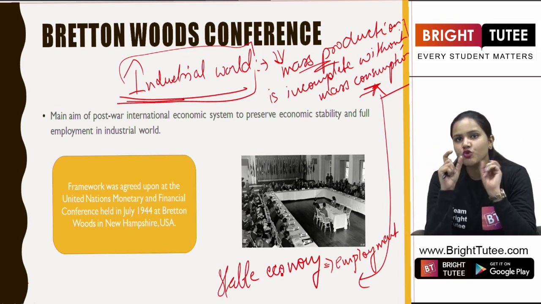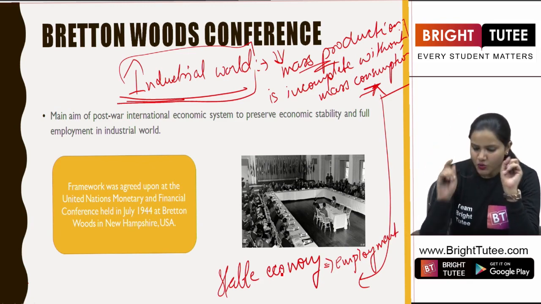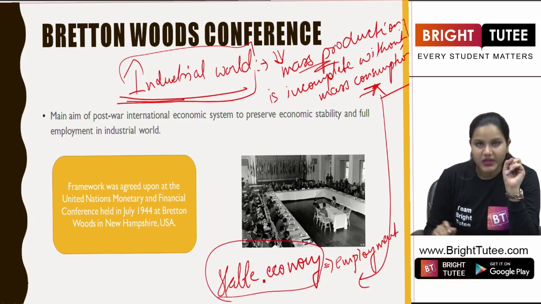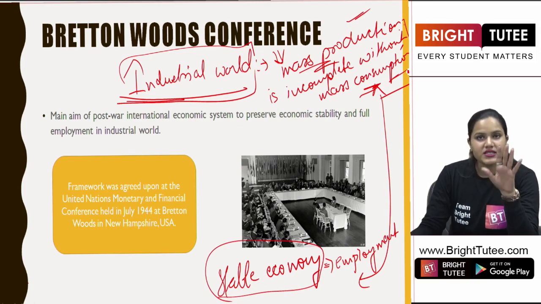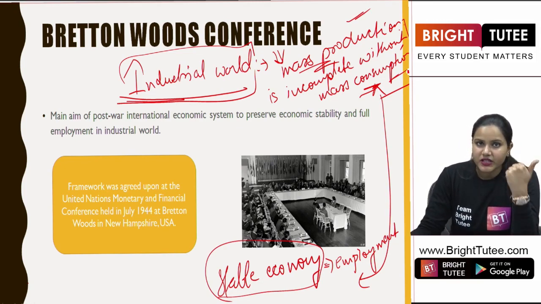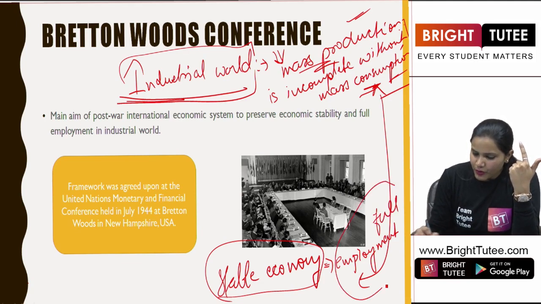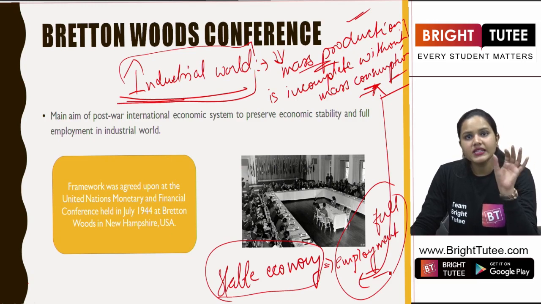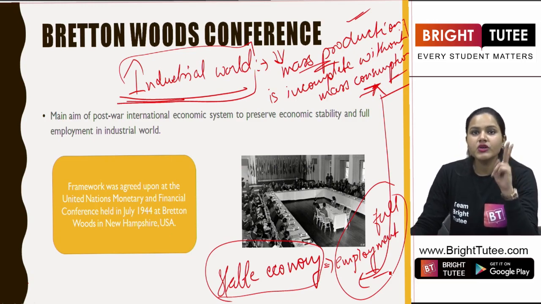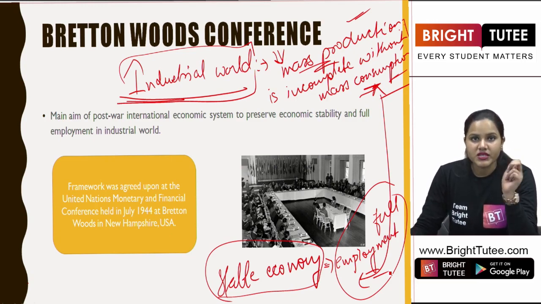So, these economists were trying to emphasize two things here. Now, what are these two keywords? The first word is stable economy. Like I told you, when we are talking about mass production and mass consumption, we need a stable economy and we need full employment of all the people, right? Employment and stable economy were the two keywords for these economists.